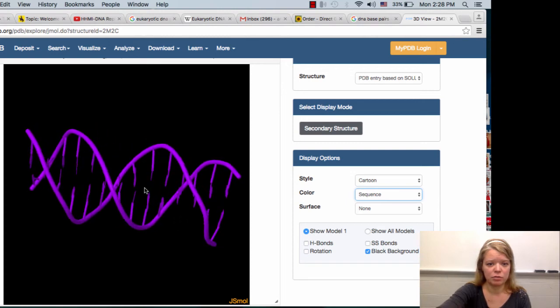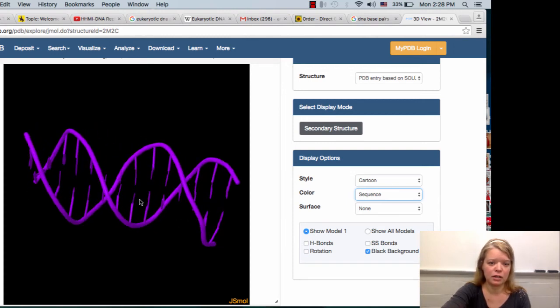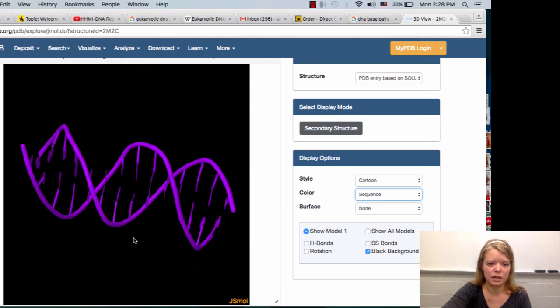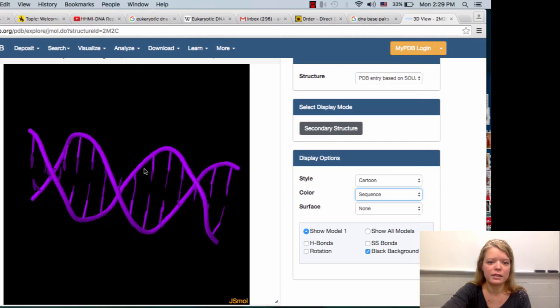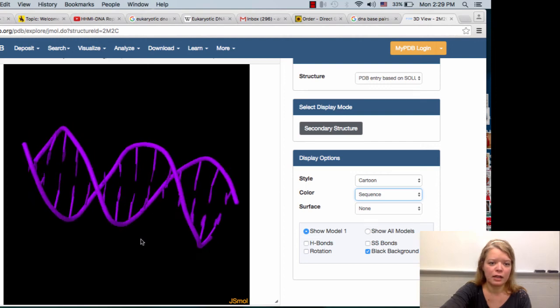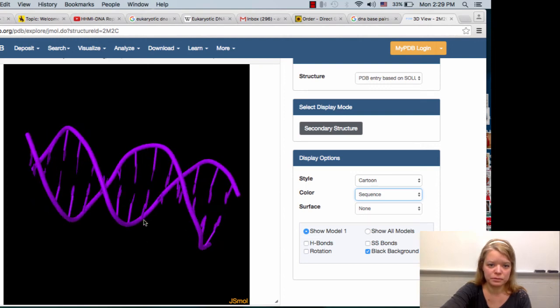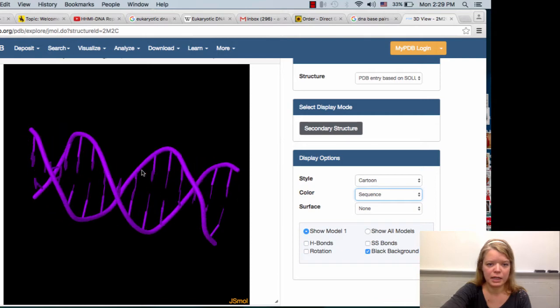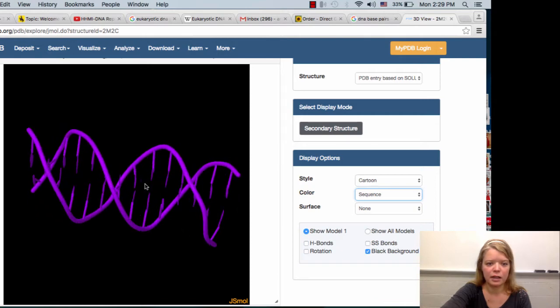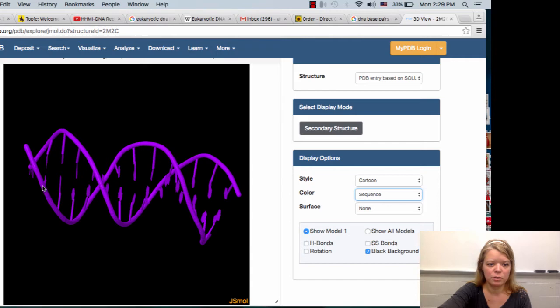As I rotate, this is the more familiar picture that the textbooks display, and as I rotate the model around itself, you can appreciate that there are two grooves inside the DNA, one that's slightly wider and the other that's slightly narrower. So between here and here is the minor groove of the DNA, and between this and here is the major groove.